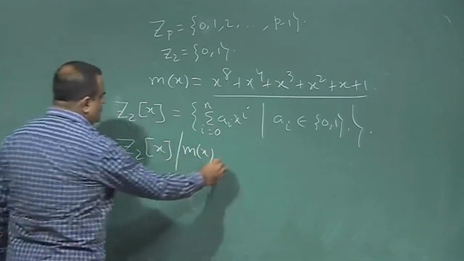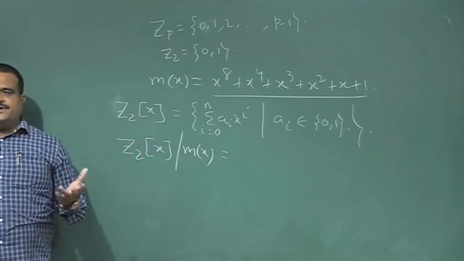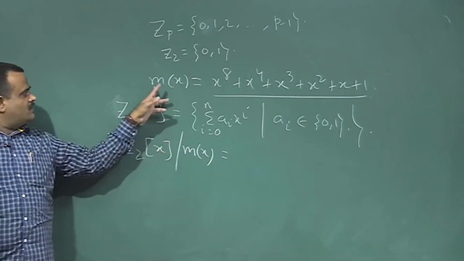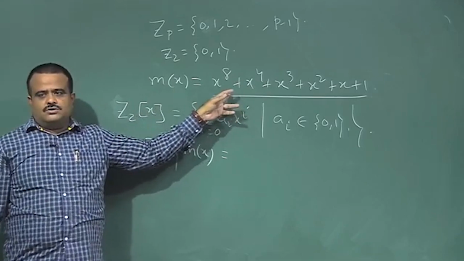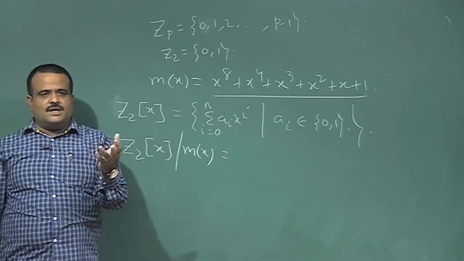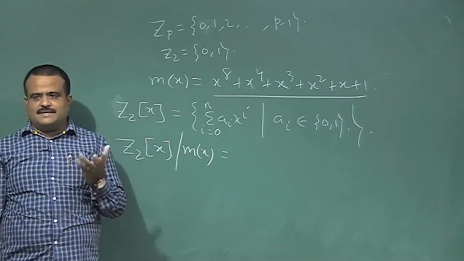So, this set is basically, we take any arbitrary polynomial of any degree, then we try to divide that with this irreducible polynomial. Then the remainder will be of degree maximum 7.